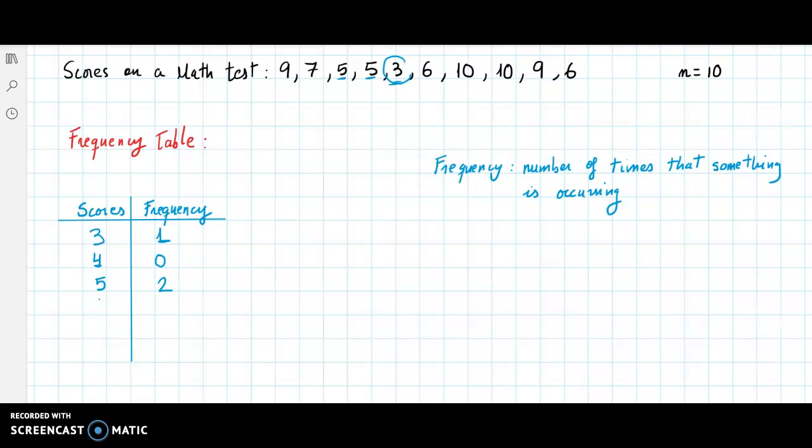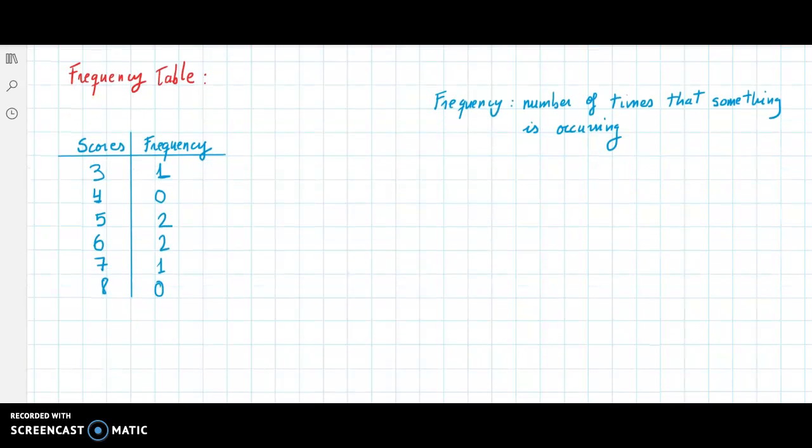Next number is 5. And we have 1 five, 2 fives. Next number is 6. There are 2 sixes. Next one is 7. There is 1 seven here. Next is 8. We have no 8.